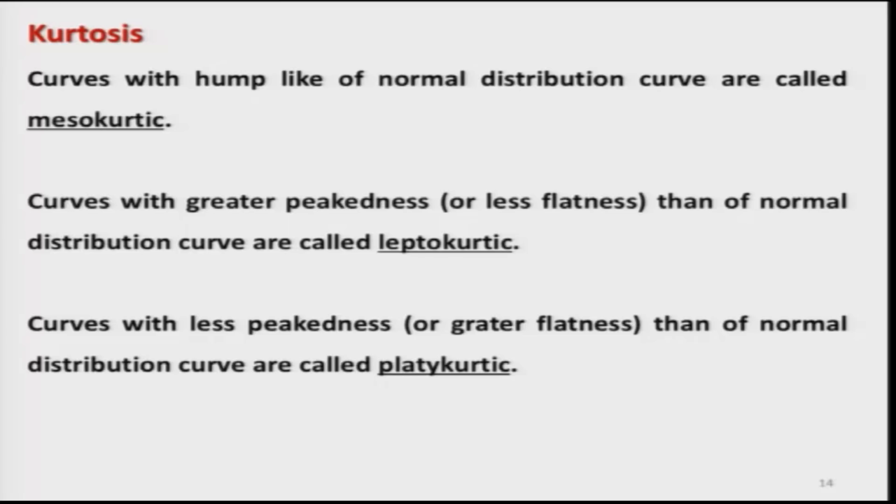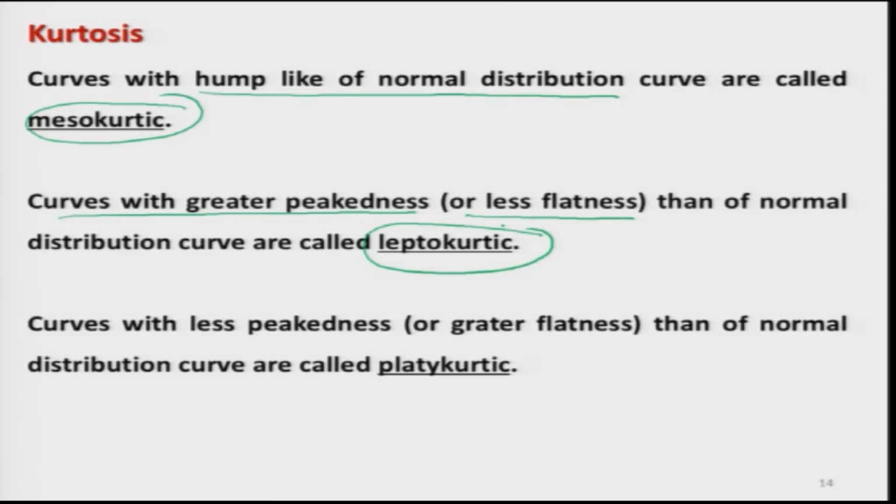Those curves which have got the hump like a normal distribution are called mesokurtic. Curves with greater peakedness or say less flatness than that of the normal distribution curve are called leptokurtic curves. And those curves which have got less peakedness or say greater flatness than that of the normal distribution are called platykurtic curves.